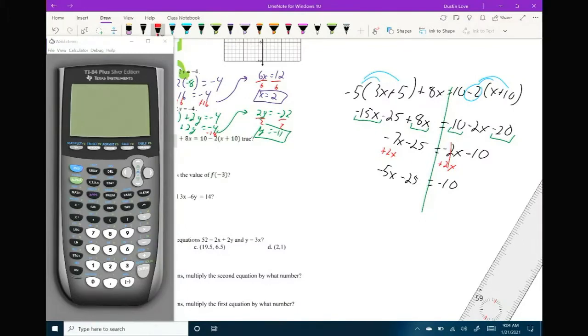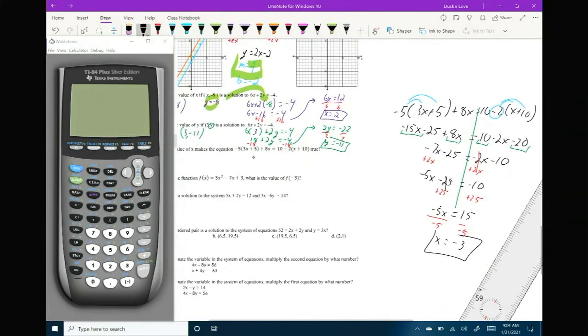Now I need to get all my constants on the right side, so I'm going to add 25 to both sides, which gives me negative 5x equals negative 10 plus 25, which is 15. And now we're going to divide by negative 5, which gives me x equals negative 3. There's a lot of work in there, but we got x equals negative 3 as our answer.